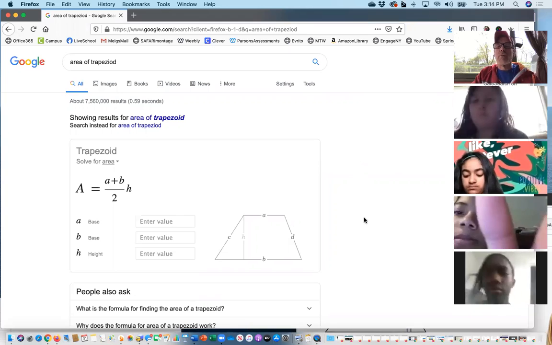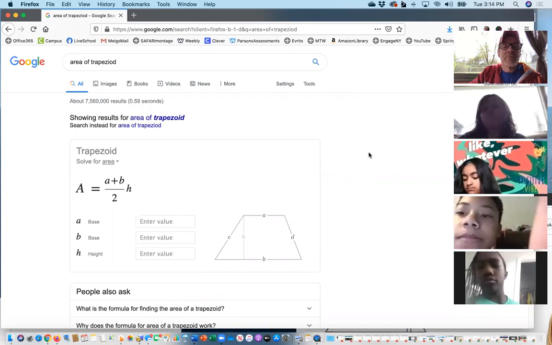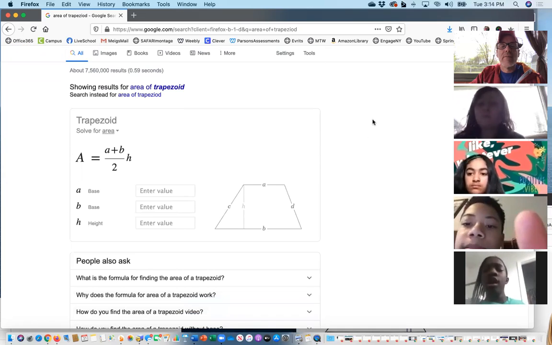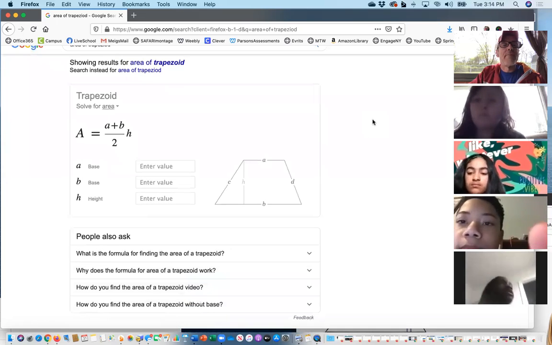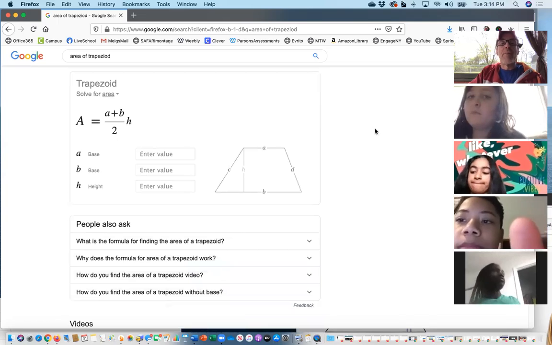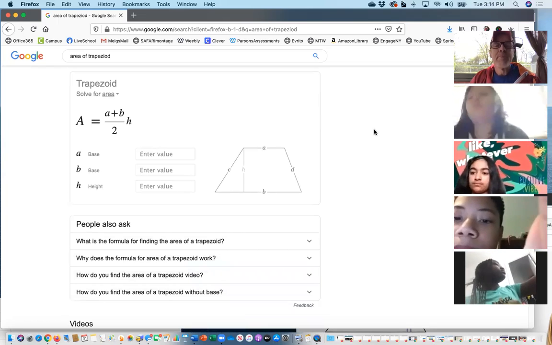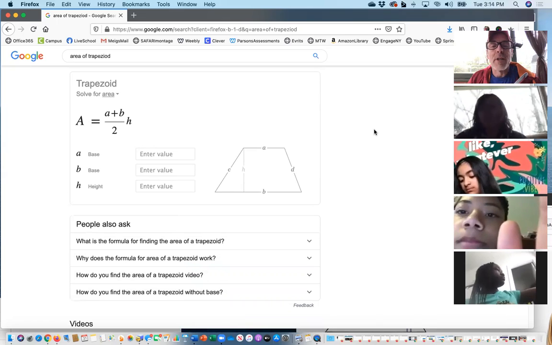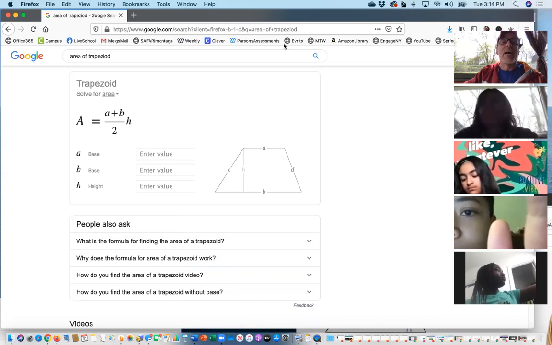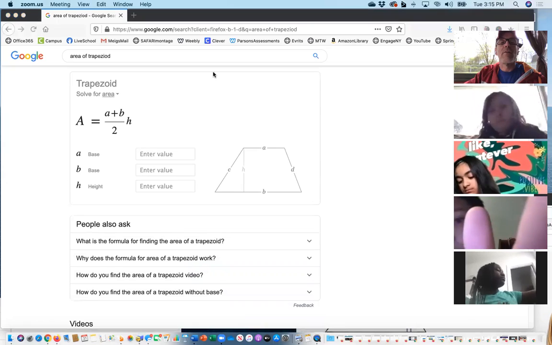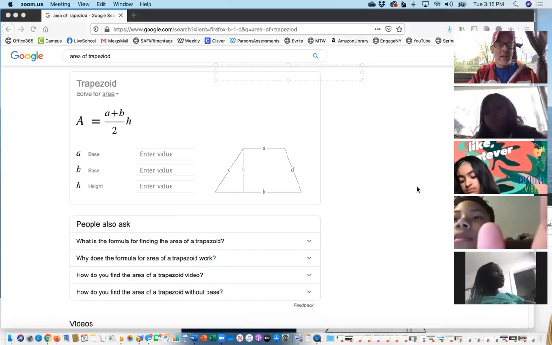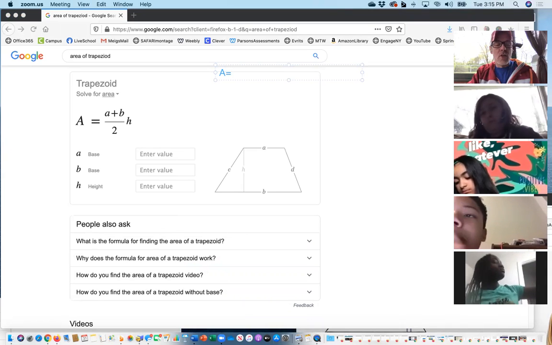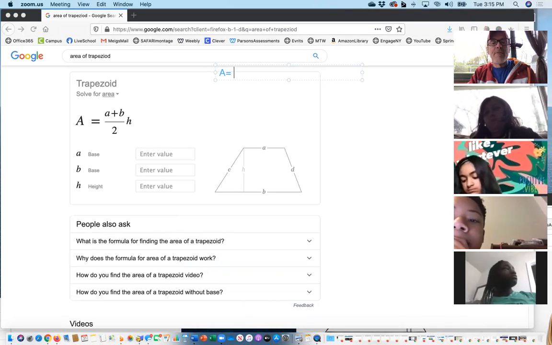All right, so do you see my graphic? Everybody see my graphic? All right, so I'm going to give you some information. Tell me if you need it or not, okay? Let me type this right here. A equals 5.